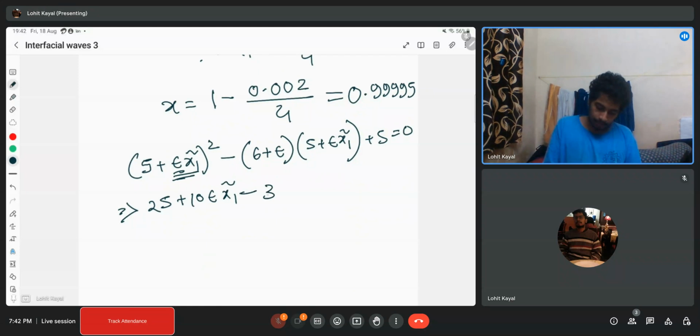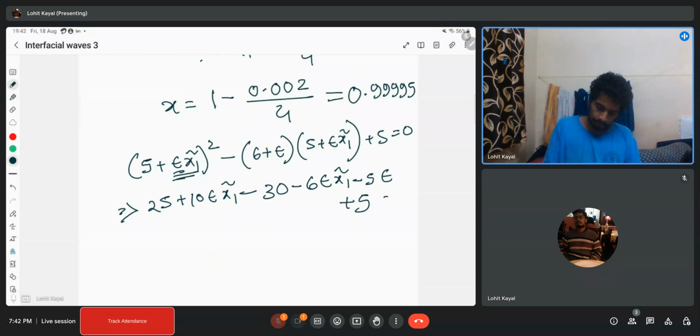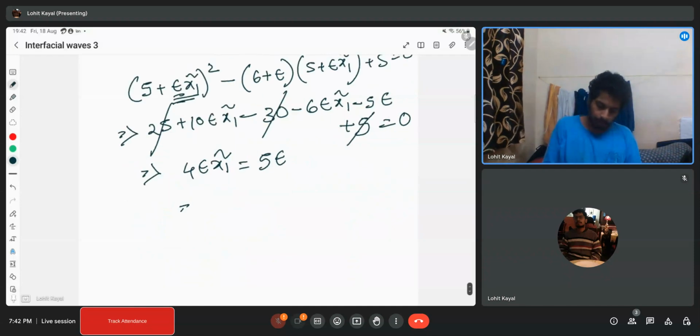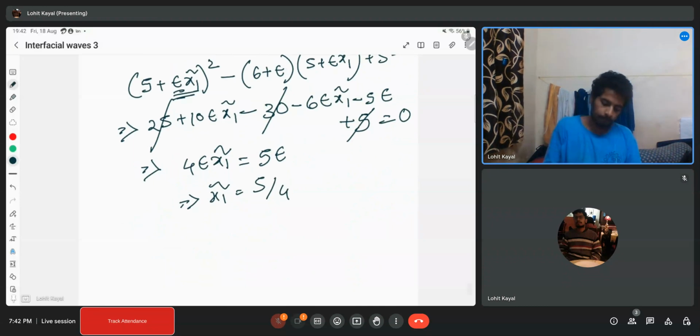Minus 30 minus 6 epsilon x1 tilde minus 5 epsilon plus 5 equal to 0. 25 minus 30 plus 5 cancels. This implies 4 epsilon x1 tilde equal to 5 epsilon, so x1 tilde equal to 5 by 4.